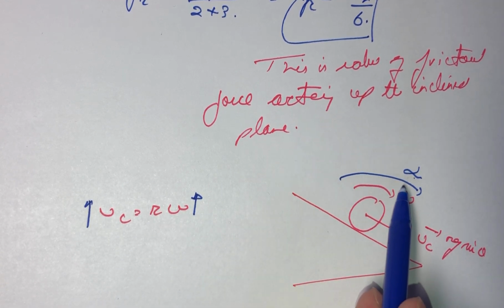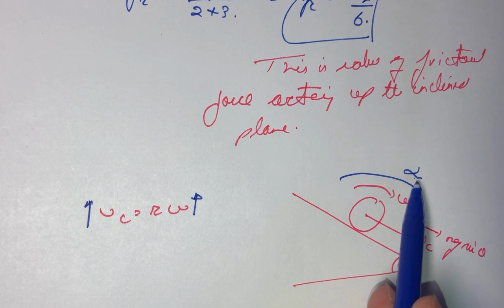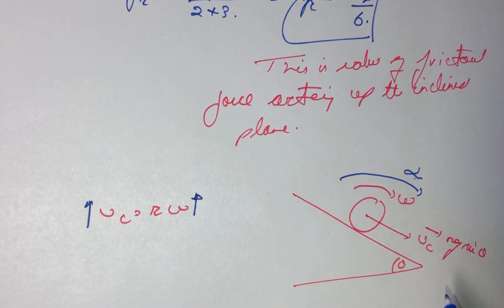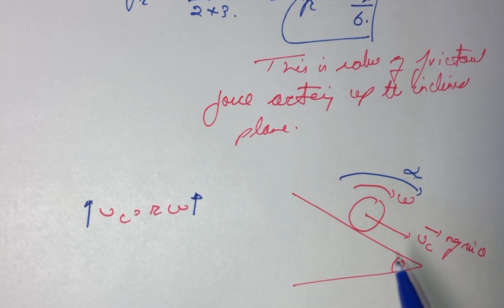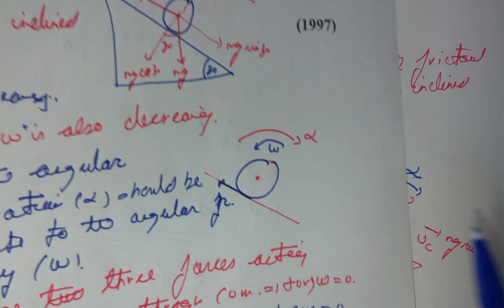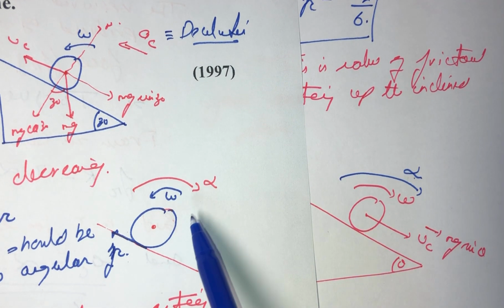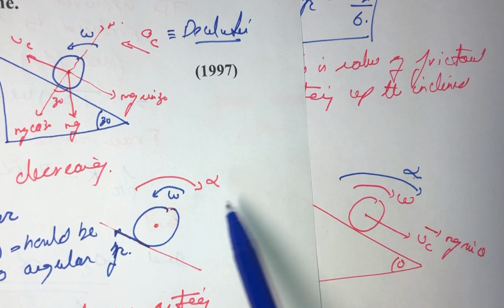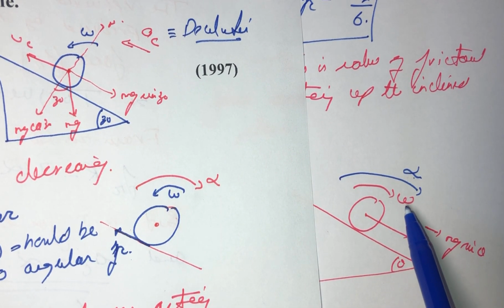So from here we can say that the direction of angular acceleration, whether the disk is moving up the inclined plane or down the inclined plane, is the same. We can make a comparison.